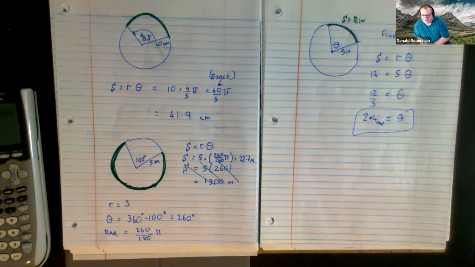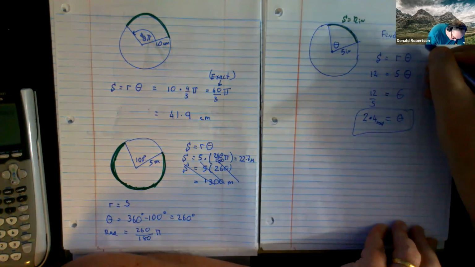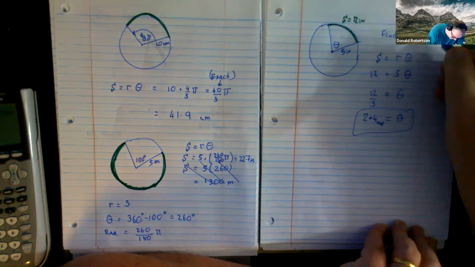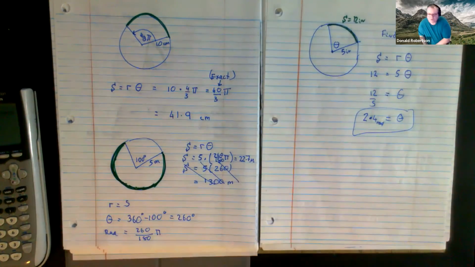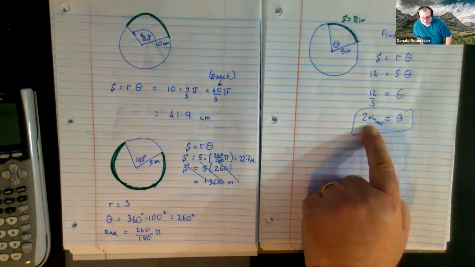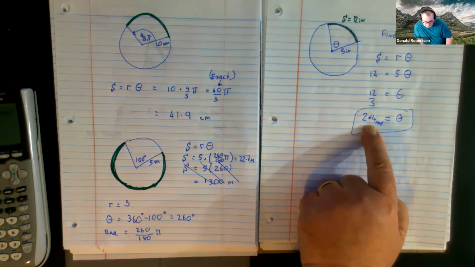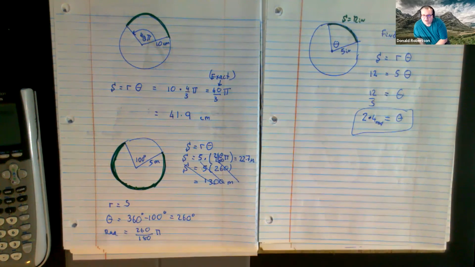Oh, that is the answer in radians. Let's pretend they said find theta, but they wanted it to be in degrees. We'd still have to find that theta was 2.4 radians, right? There's no way of avoiding that. But what would I then have to do to get the answer in the units they wanted?